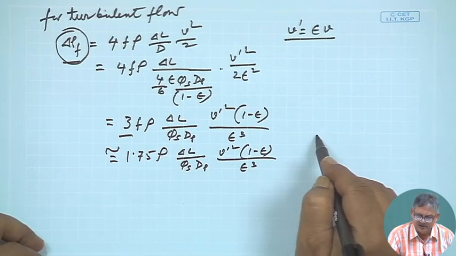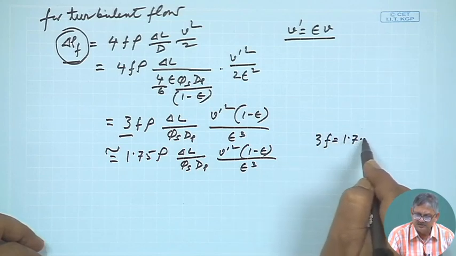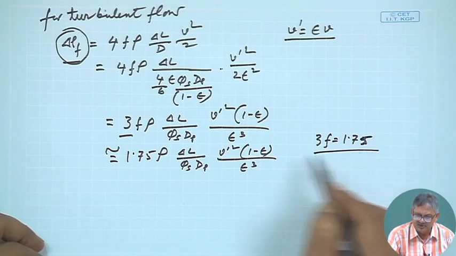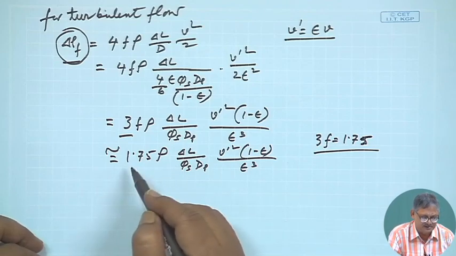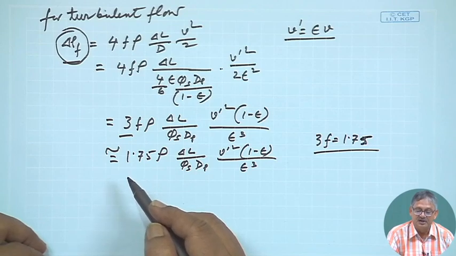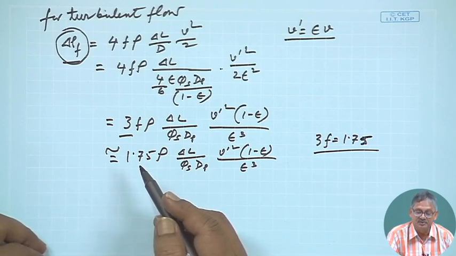So, roughly 3 f is equal to 1.75, sorry, 1.75, right. So, 3 f is 1.75, we have substituted, like in the previous one we had substituted 72 with 150.